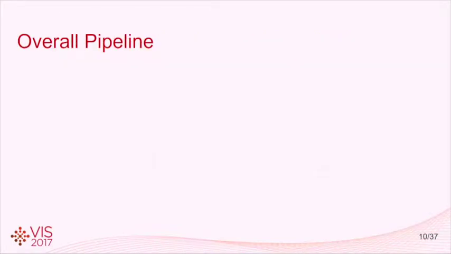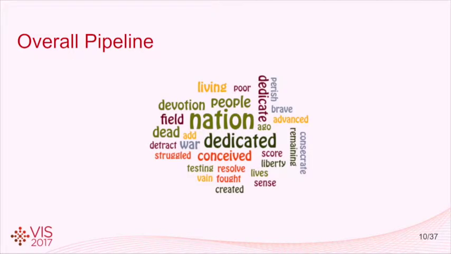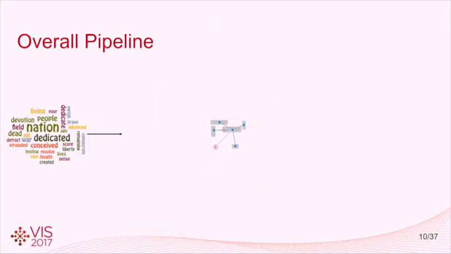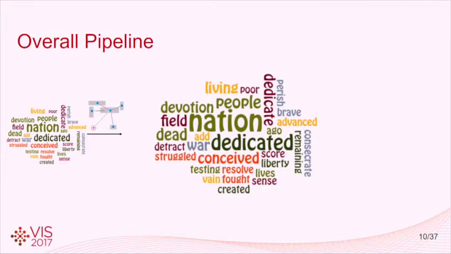Now let's see the overall pipeline of EdWordle. The process starts by simply loading text that can be copied and pasted into the tool and applying the standard Wordle algorithm. We use our customized rigid body dynamics to move words close to each other. Now the layout becomes much more compact.